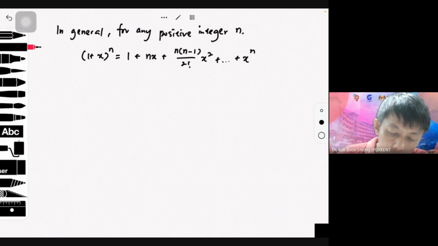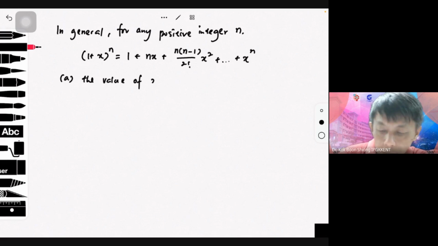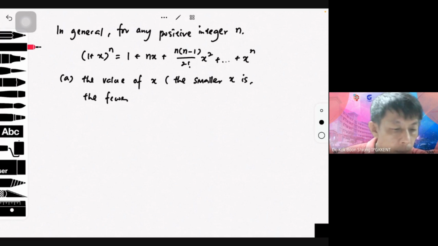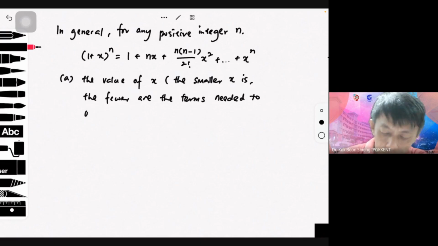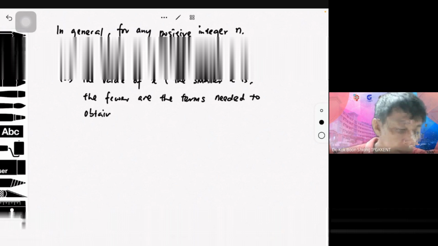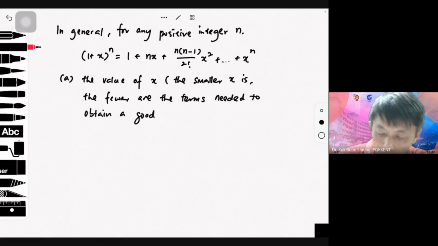There are two conditions for this. First one, the value of x must be very small. The smaller x is, the fewer terms are needed to obtain a good approximation.